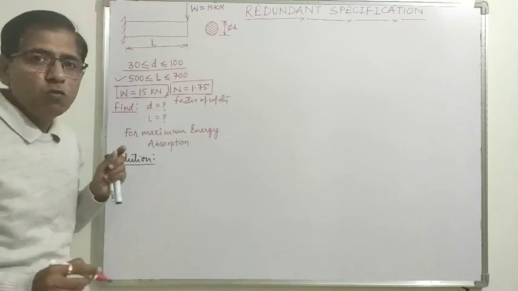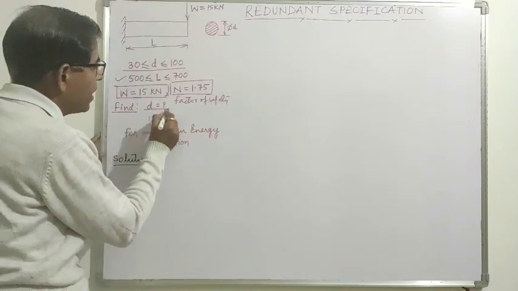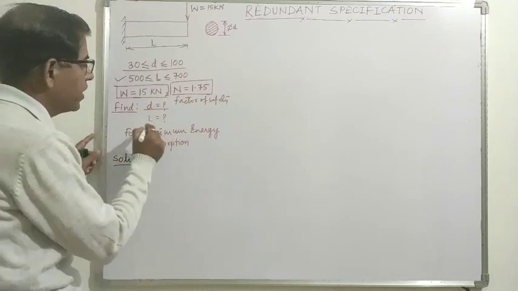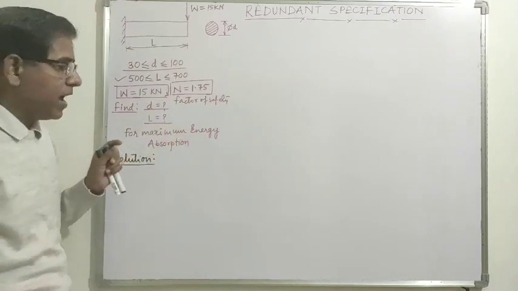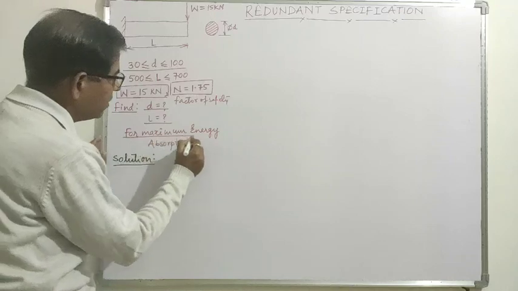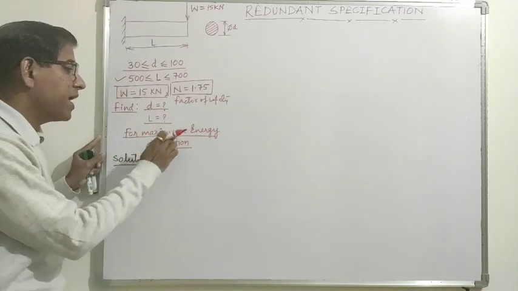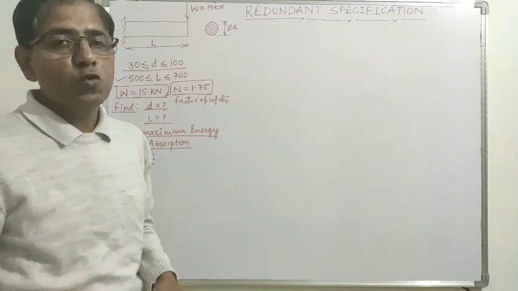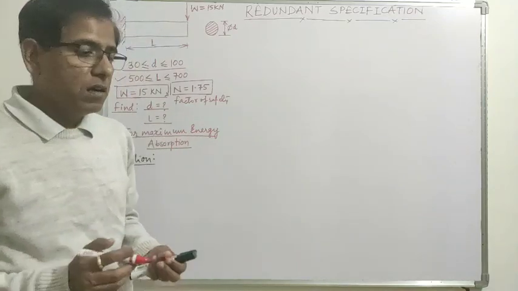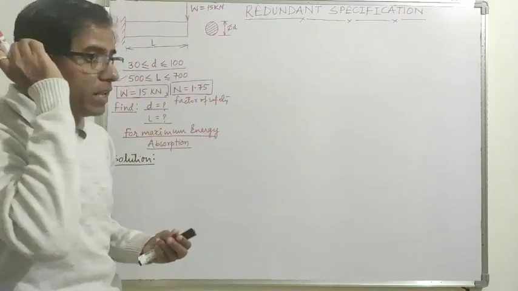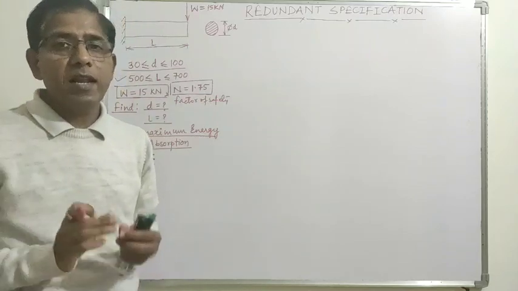Then what do we need to find out? We need to find out the diameter of the shaft and the length of the shaft, and the optimizing objective is maximum energy absorption. So whichever material gives maximum energy absorption will be selected.